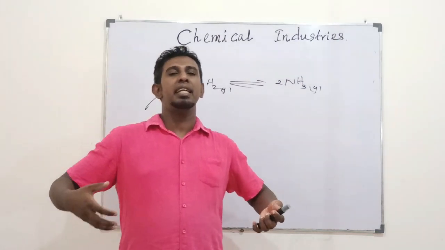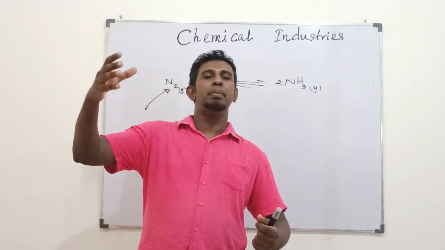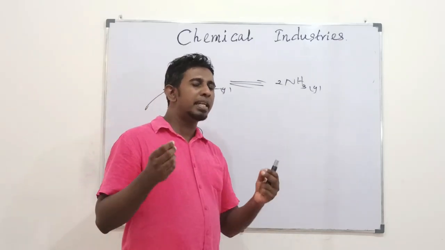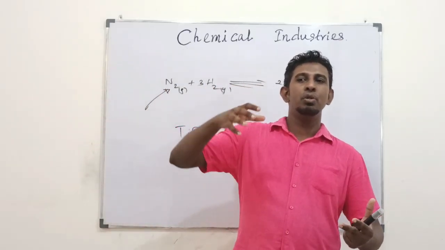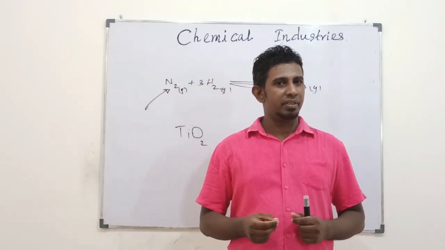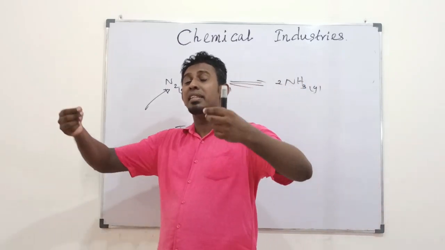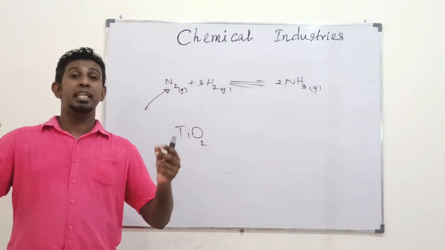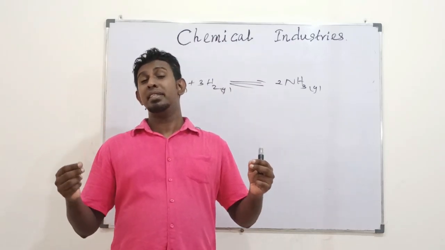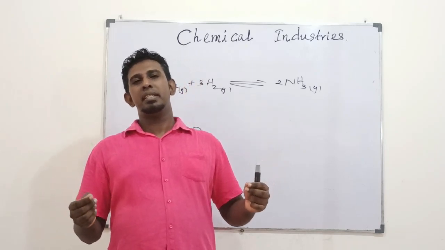We don't use air directly. We need to separate the nitrogen that you find in air. To separate nitrogen from air, you could pressurize air while cooling it to very low temperatures. Then the air turns to liquid, existing at minus degrees centigrade.